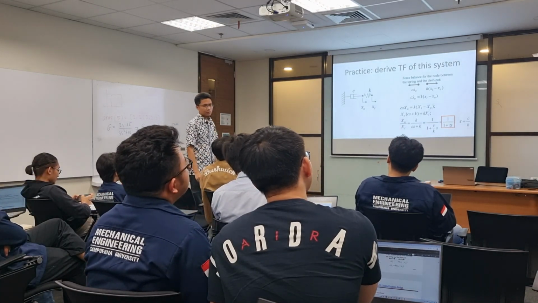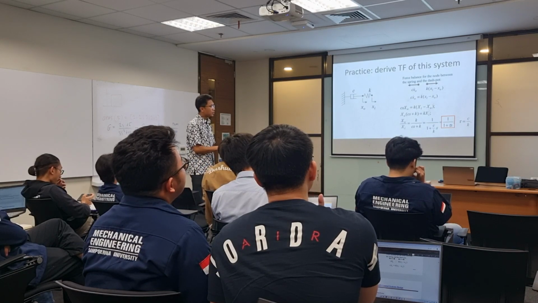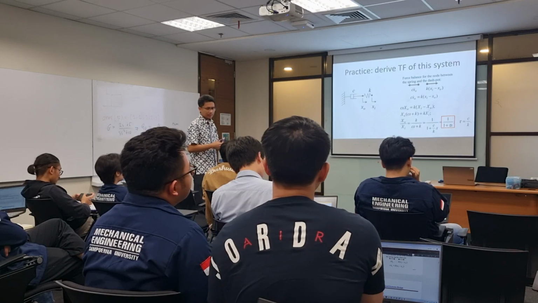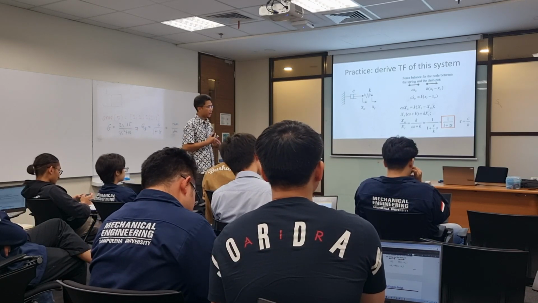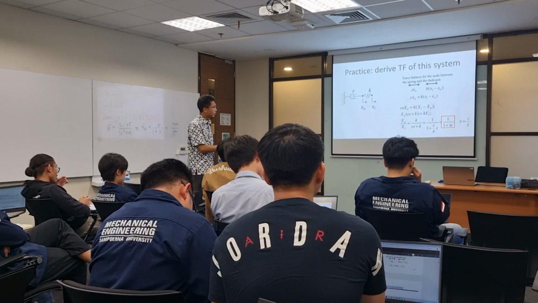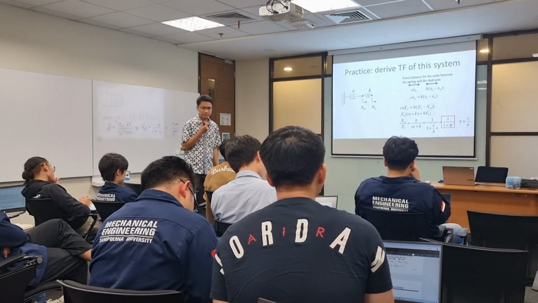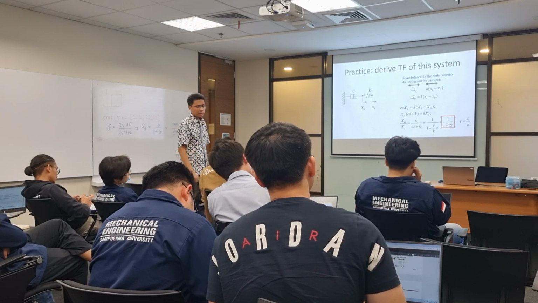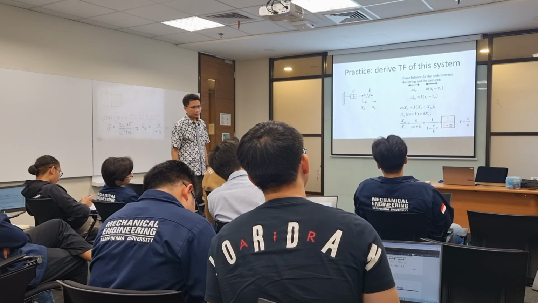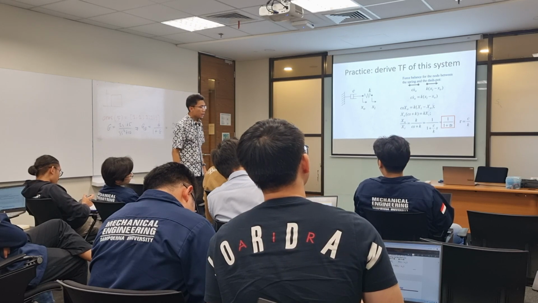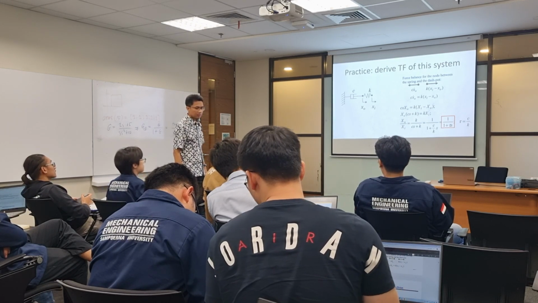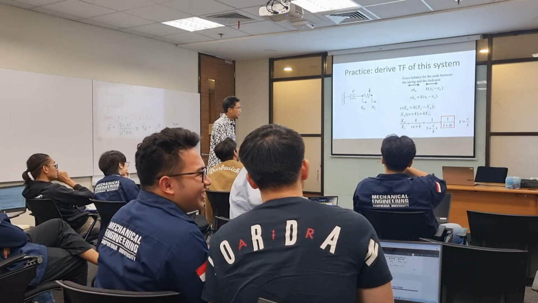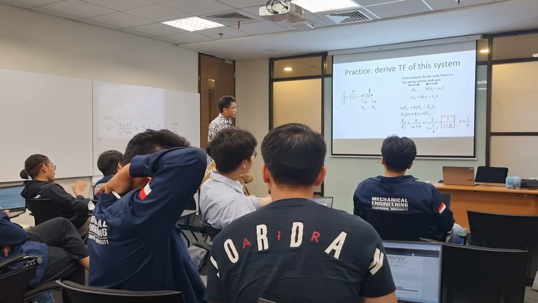Not block diagram. We only do force balance equation, like a free body diagram. So we draw the free body diagram of this point. C is the damper, and that is the spring with the spring constant. We take Laplace transform from here.